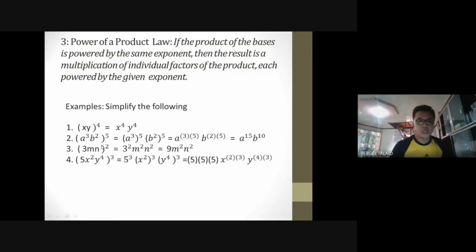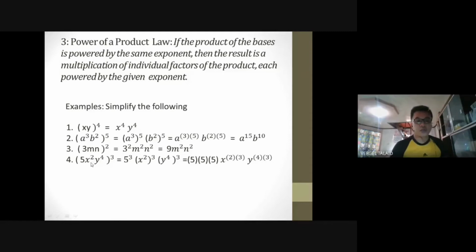For m is 1 and n is 1, that is m squared, n squared. So 3 squared is 9, m squared, n squared. So this is now the product. Do not add 2 and 2 because we have different bases. Take note, do not multiply 3 by 2 because 3 is not an exponent. Only the exponents will be multiplied.